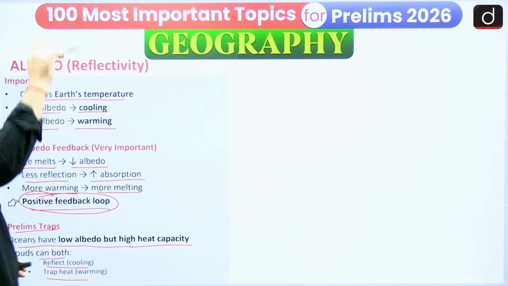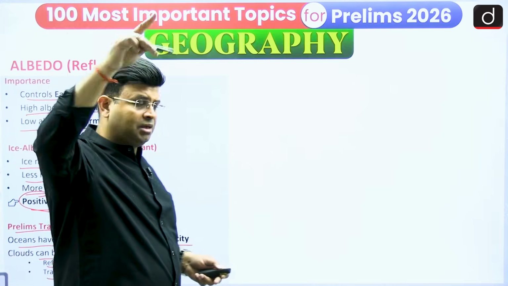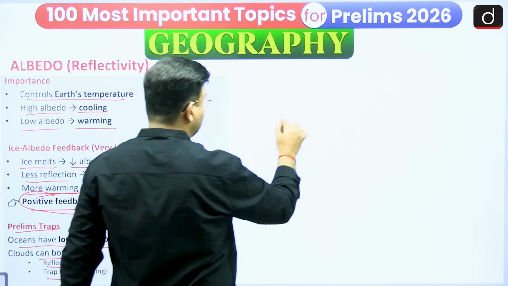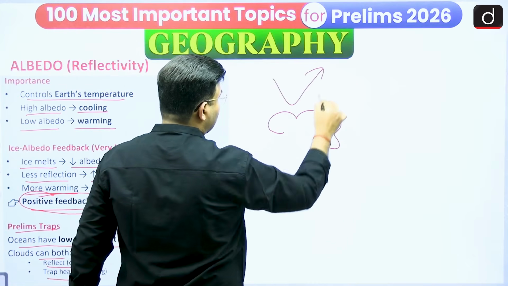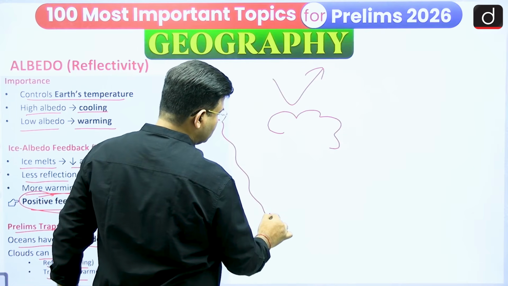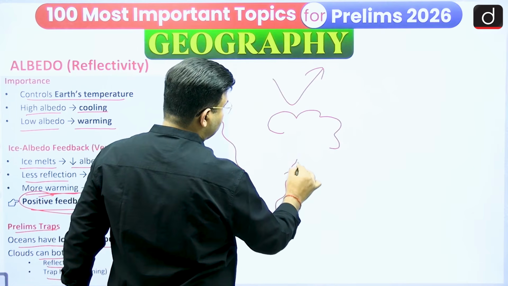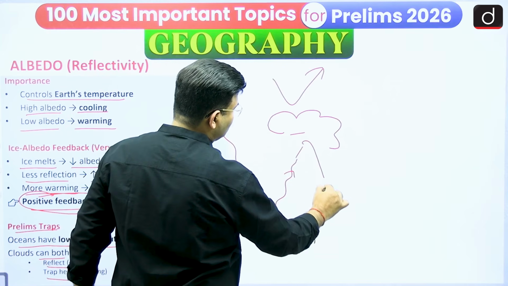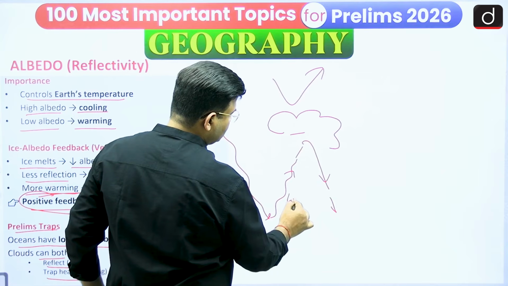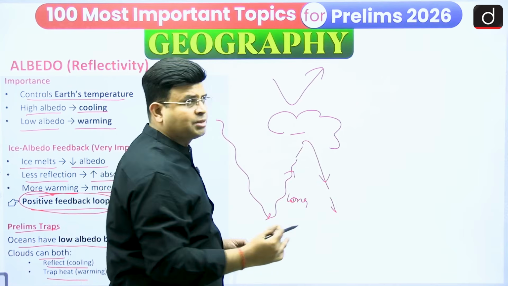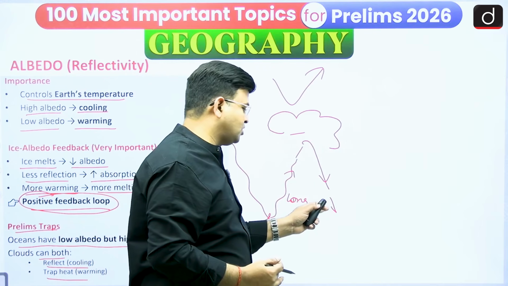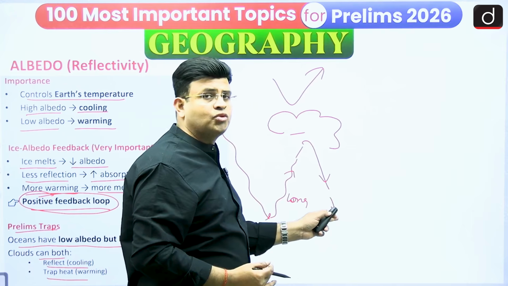Listen to me, at the top it is reflecting. The cloud is also helping when the heat comes onto the earth's surface and is reflected back in the form of terrestrial radiation. This long wave radiation is of less power, and the cloud reflects it back, which also helps in heating.